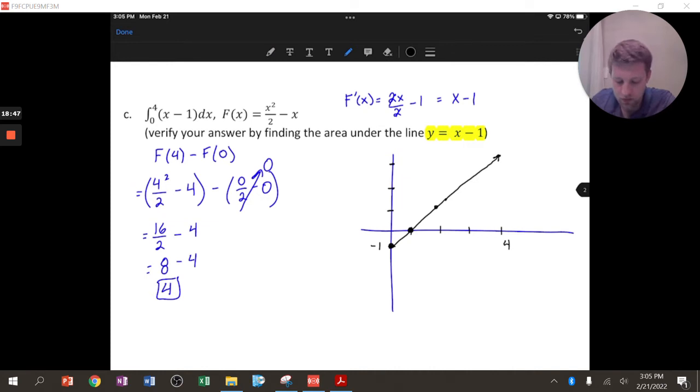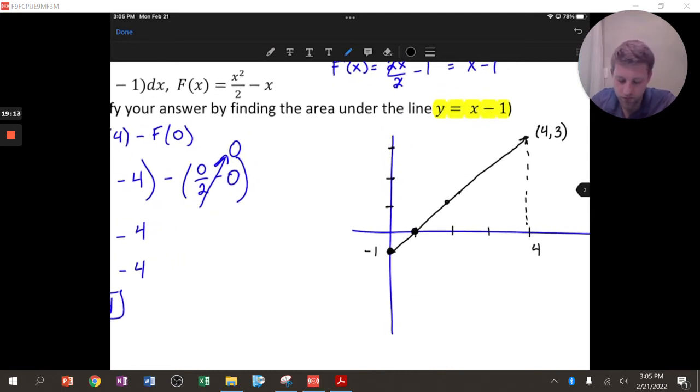Here we go. When I evaluate at 4, we should get a height of 3, this top point right here, approximately something like this, where our top value is at 4, 3.